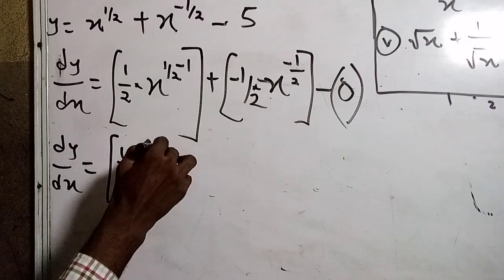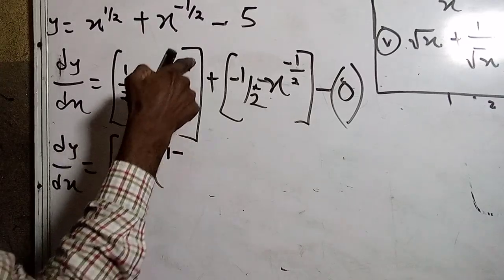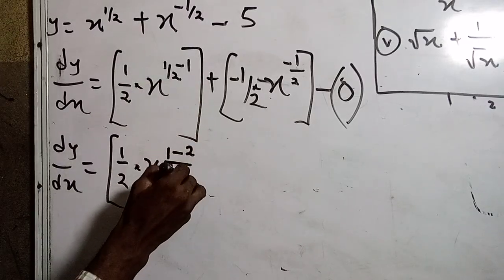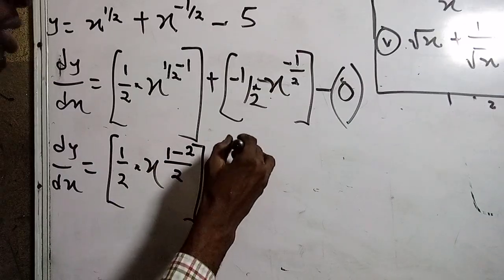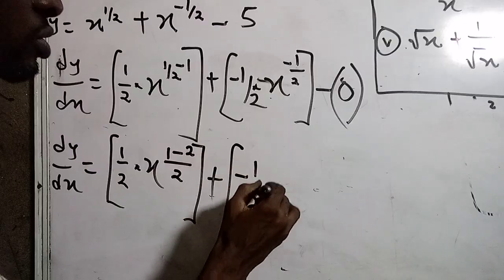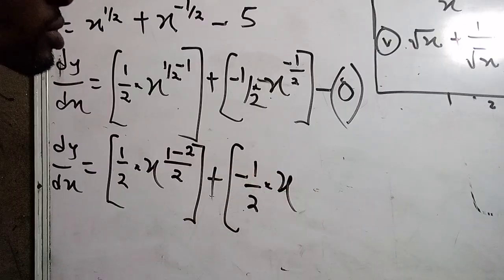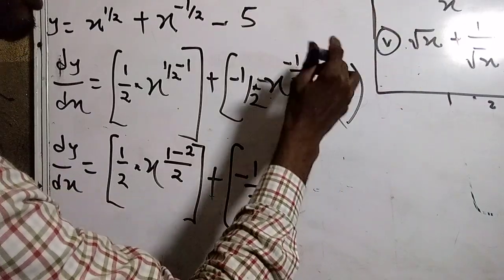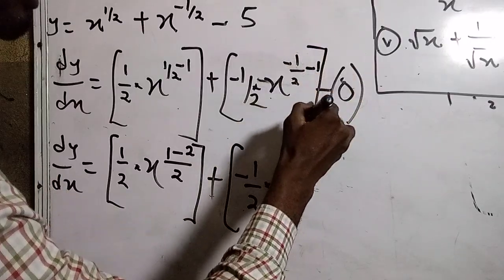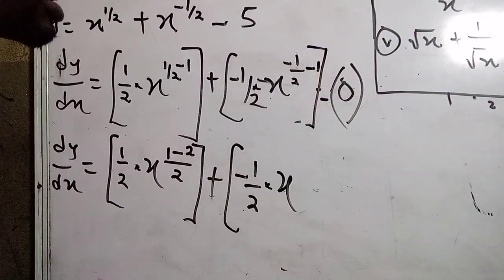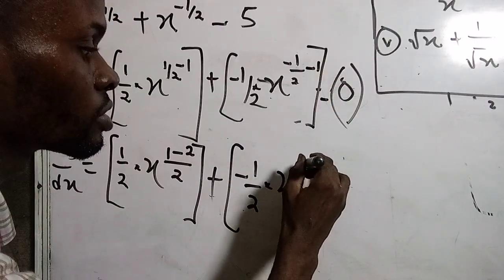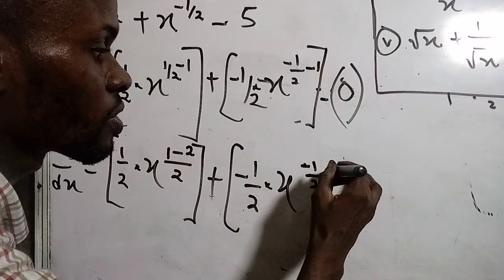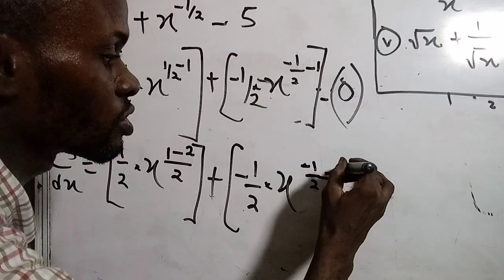So that will be 1 minus 2 times 1 is minus 2, all over 2. Down is done there. Plus, here is minus 1 over 2 times. Remember, we are supposed to subtract 1 from here. So let's subtract 1 from here. So here, 2 times minus 1. Okay, that will give me minus 1 over 2 minus 1 minus 2.